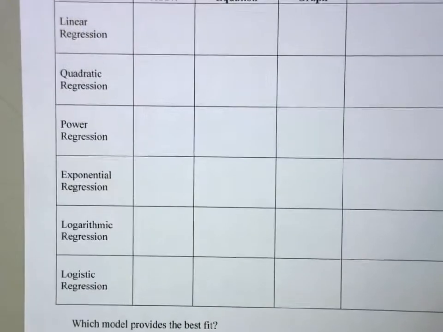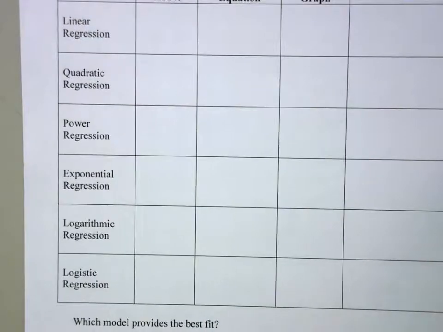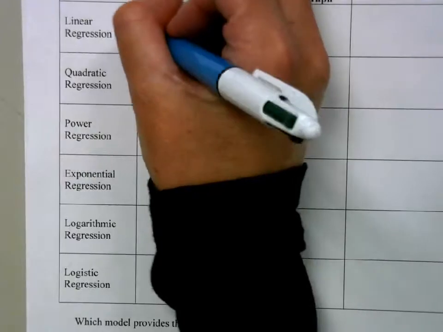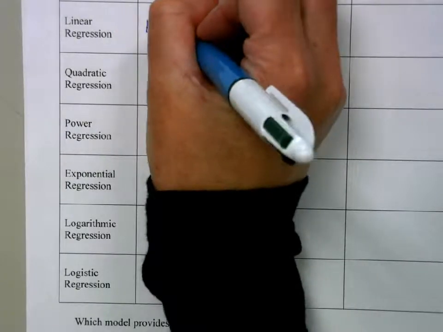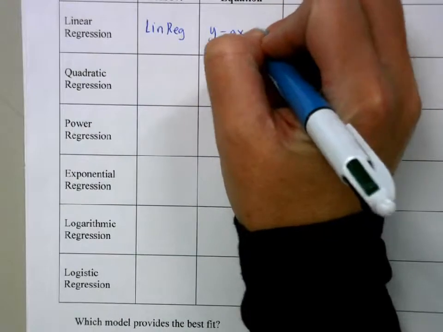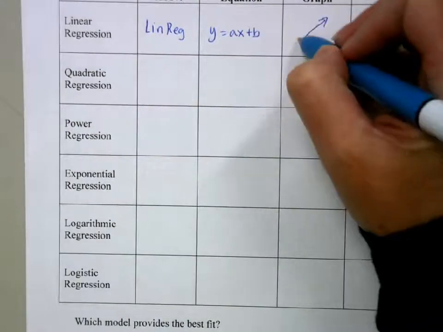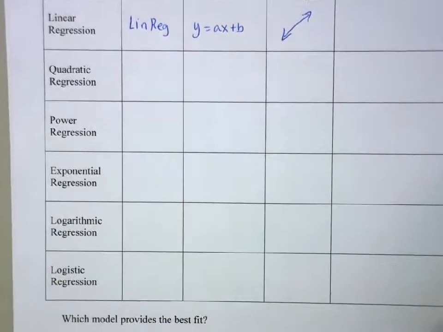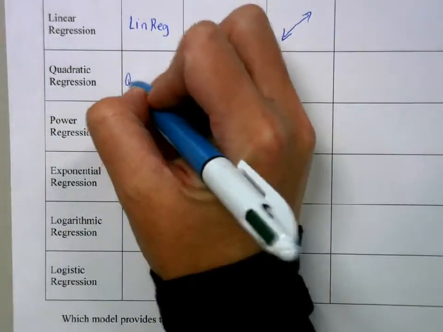So I'm going to fill in some of this information. The calculator abbreviation for a linear regression is linreg. The general equation is y equals ax plus b, and a graph is just a straight line. Quadratic regression is quadreg.